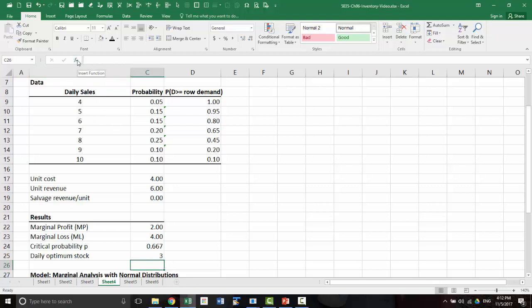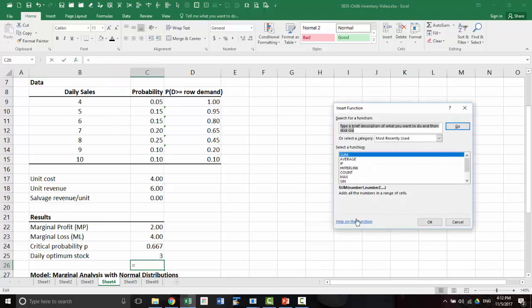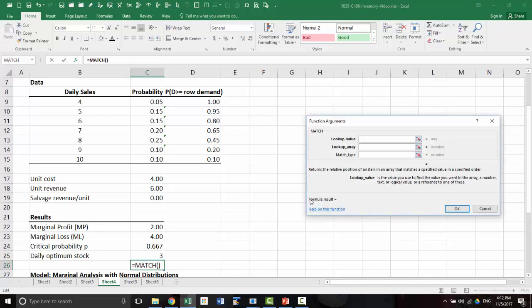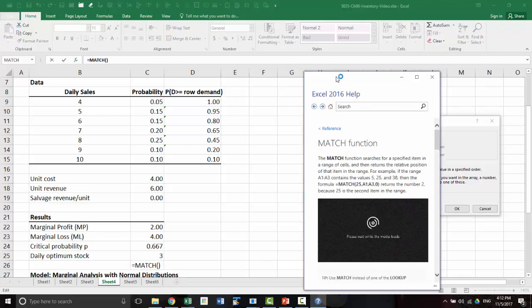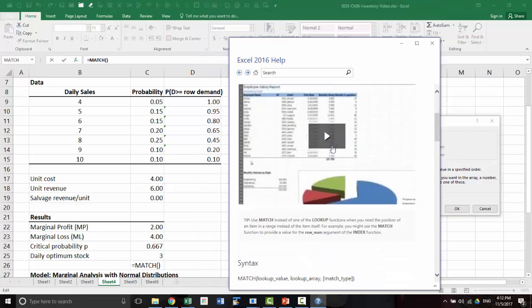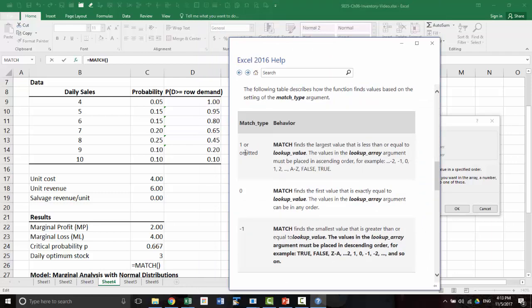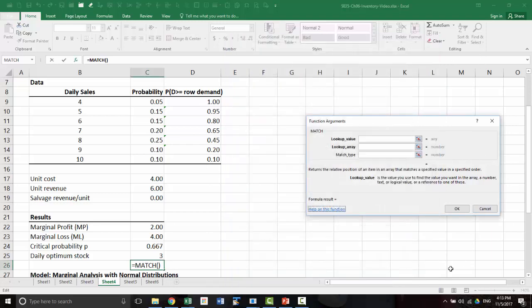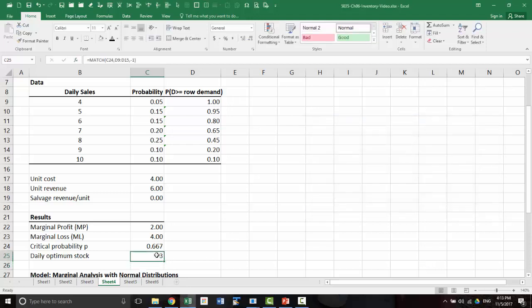If you look at the help for the match function, you will see the types. Match finds the largest value that is less than or equal to the lookup value. That's why it went up 1. 0 finds the exact equal, and there is no exact equal there. So -1 is the smallest one that is greater than or equal to, which is what we want. So that gave us the correct lookup value.